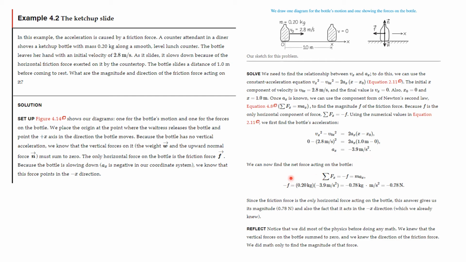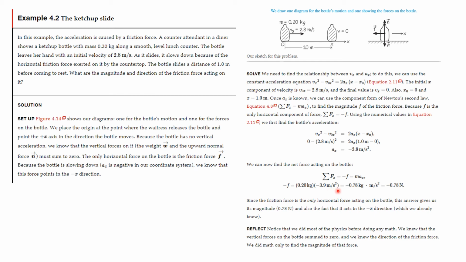So now we can find the net force acting on the bottle. It's minus F, and that is equal to ma. And a came from here. So minus F is equal to mass times the acceleration.